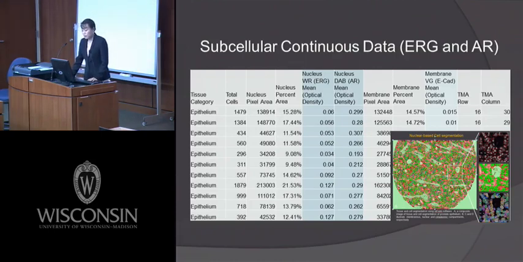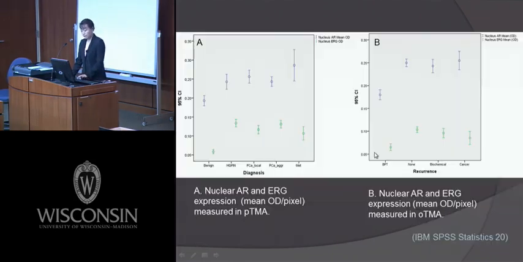And this table shows the subcellular quantification data. As you can see, in the same experiment, I used the nuclear compartment to quantitate ERG and AR. That's how the data look. And in the plotting, you can see in two cohorts, the quantitative data are very similar.